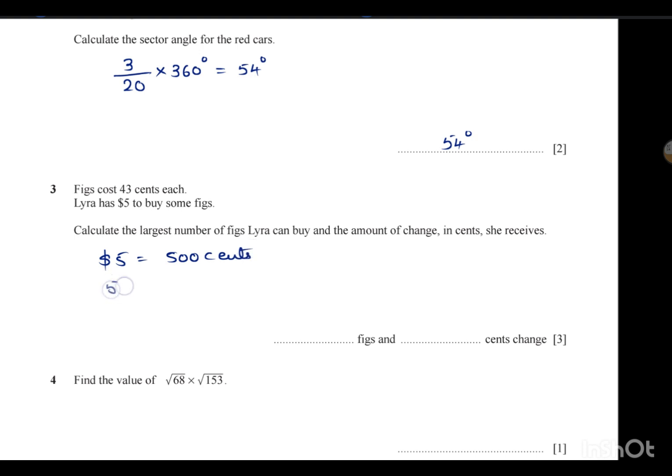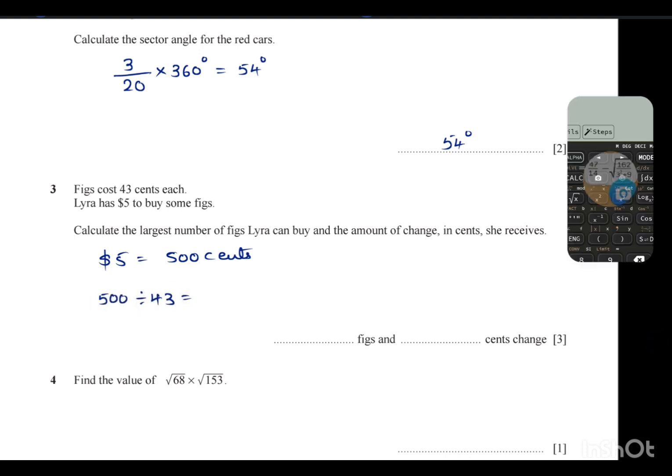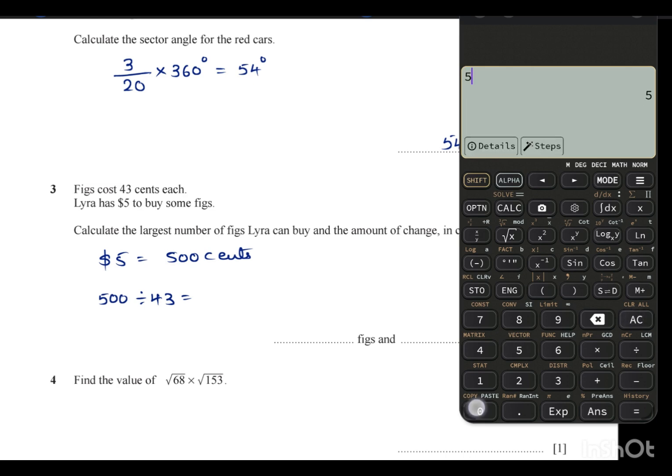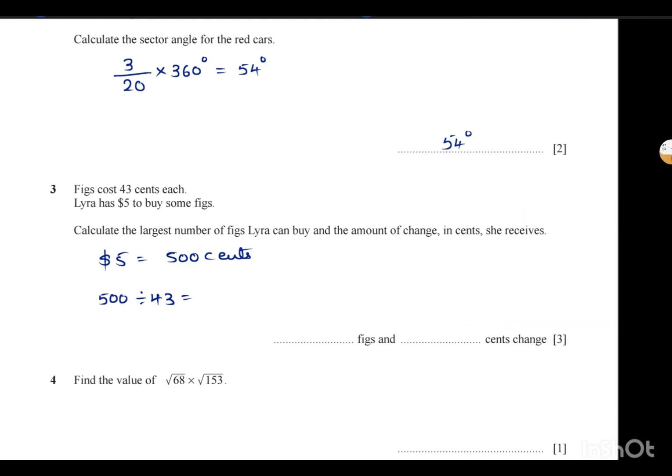Then divide 500 cents by 43 cents. 500 divided by 43. Just do that. We get 11.627. So now 11 is the whole number part. So 11 figs can be bought.